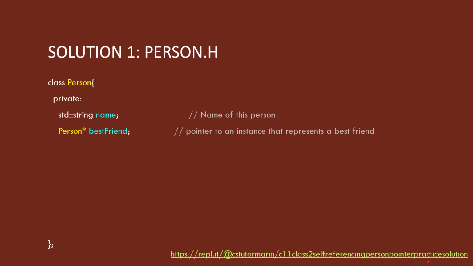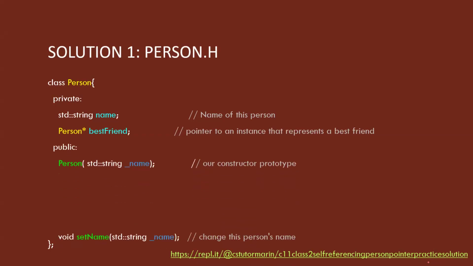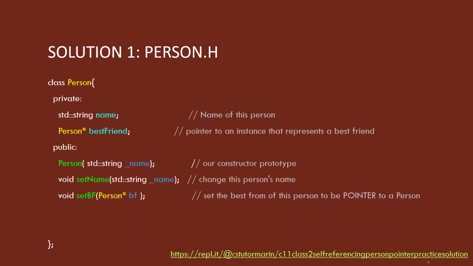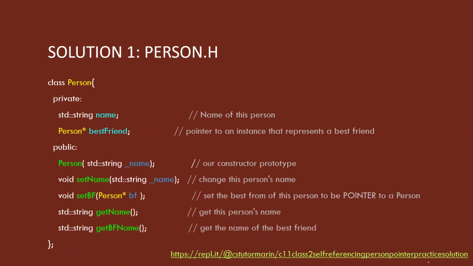So here's our simple best friend .h file. No curly braces here in the .h file, just our prototypes, okay? And our pointer to a person, and passing in a pointer to a person. So you've got to use the ampersand on an instance in order to turn that thing into a pointer to a person, okay?